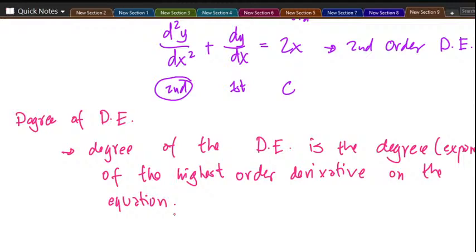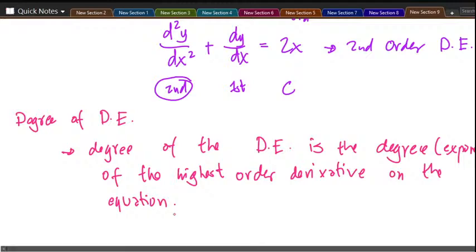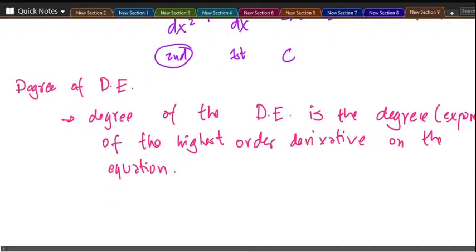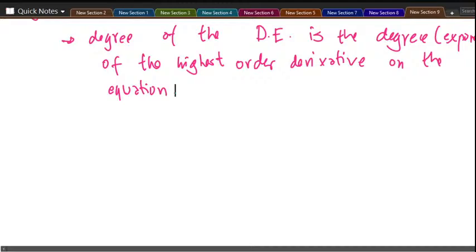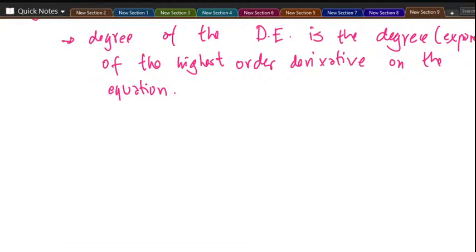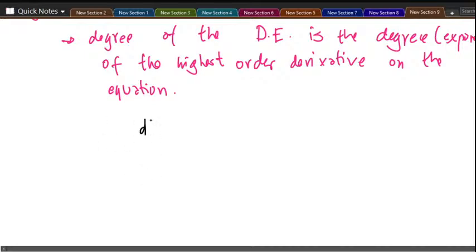Okay. So we have this example. d squared y dx squared, so squared, the second order derivative, plus dy dx is equal to 3x squared.